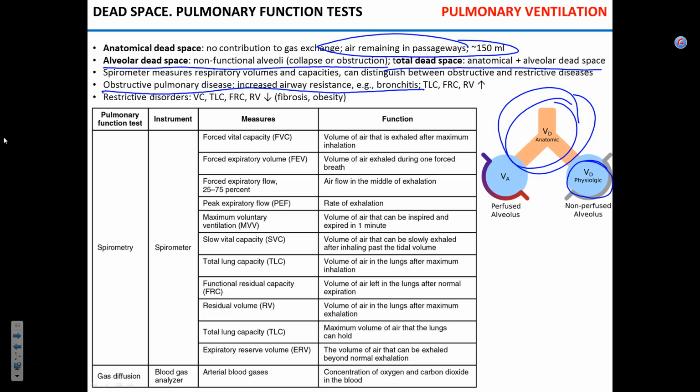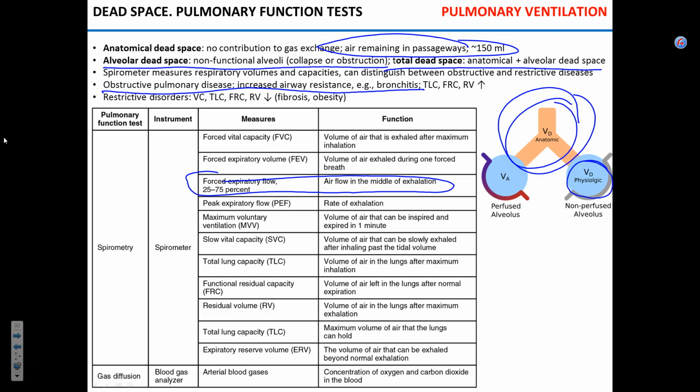So you can measure forced expiratory flow. Somebody exhales like this, and you measure how much air goes in the middle of that expiration. If you're breathing through a straw, the volume of that air will be lower than normal. Does that make sense? Because your airways are obstructed.